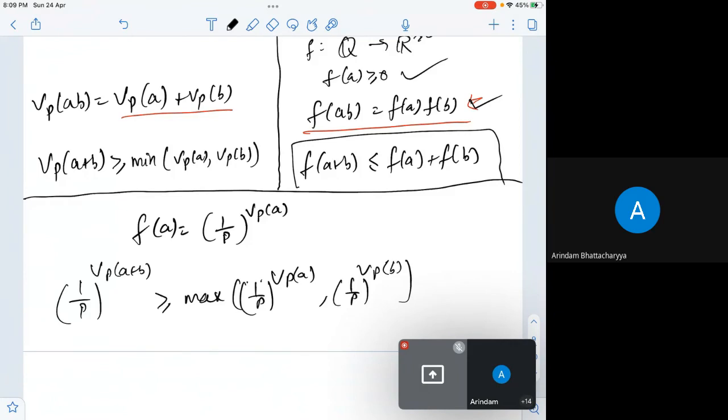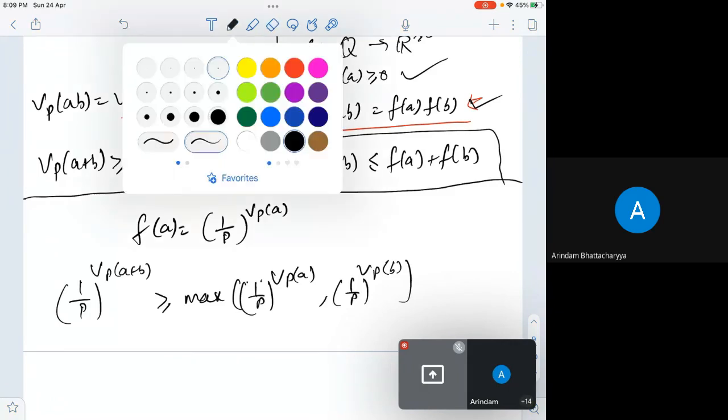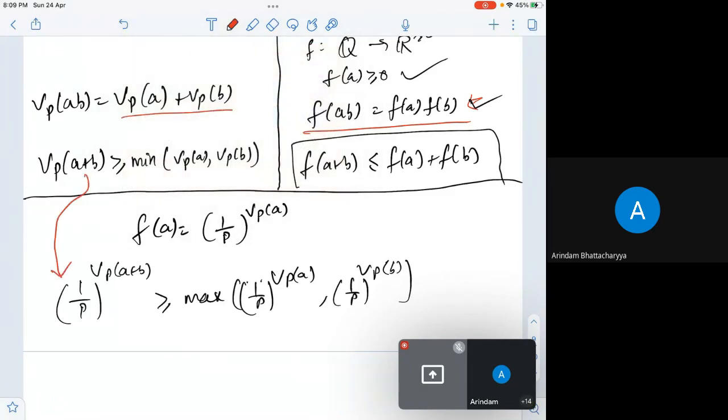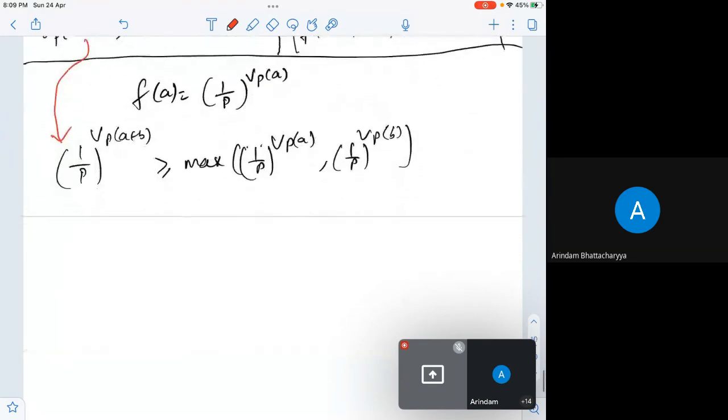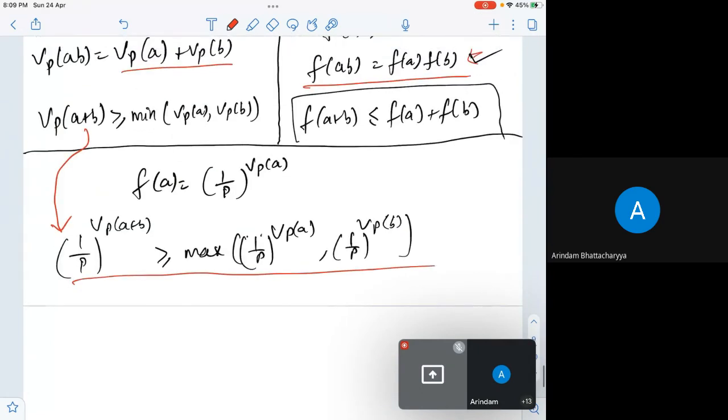This just comes from raising everything to the 1/pth power. Take this inequality, raise it to the pth power, take inverses. You get this.